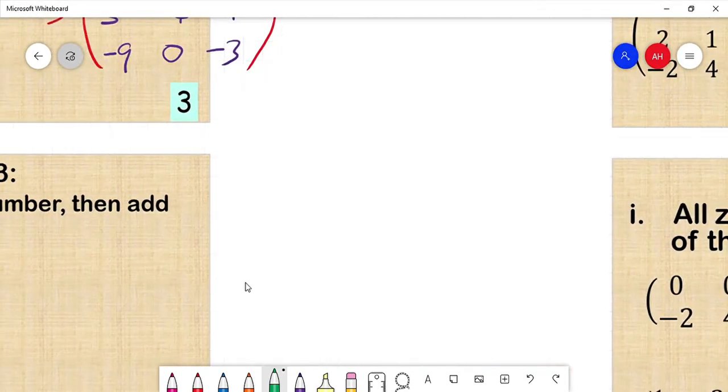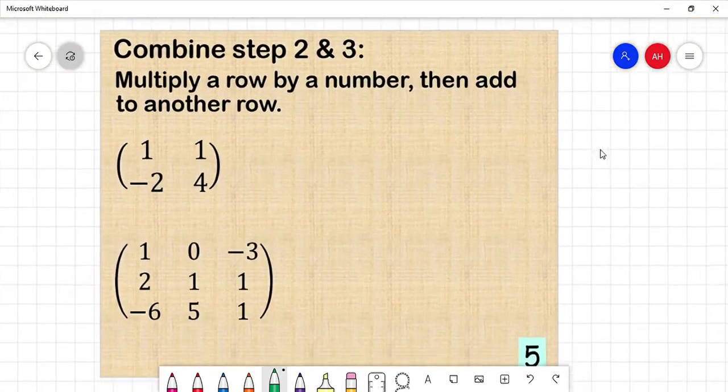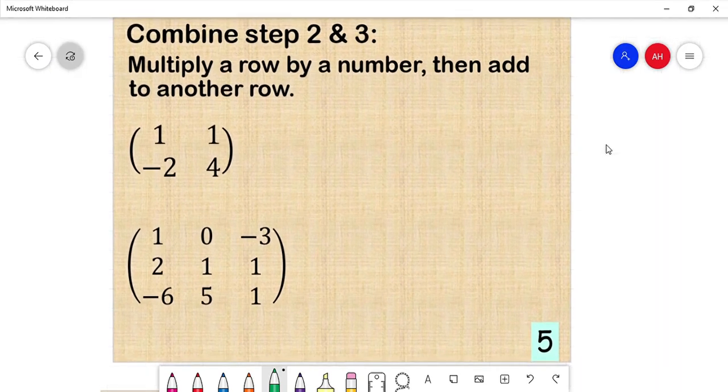Let's see, if we combine operation or step number 2 and step number 3 together, namely, we multiply a row by a number and then add the new row to another row. It is allowed to do that.